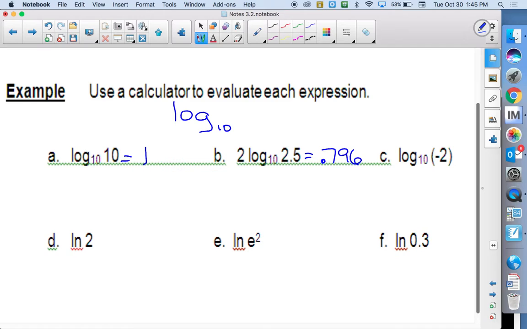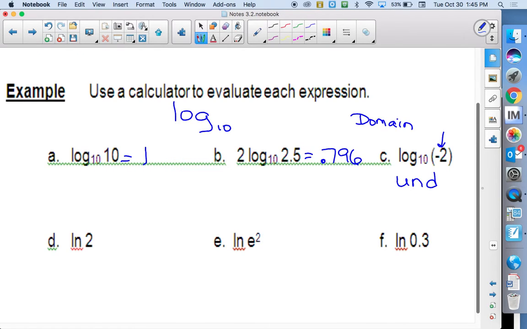Letter C says the log base 10 of negative 2. What's that one? There's no number. Yeah, so we can say it's undefined. Does anybody remember what we said the domain of these graphs was on the previous page? What's the domain of log functions?